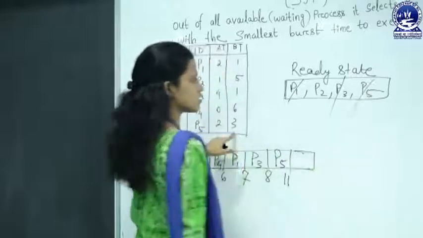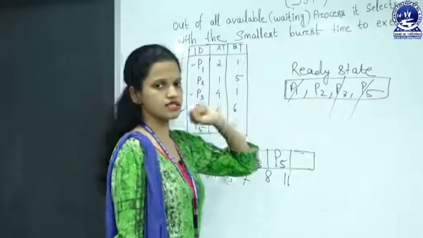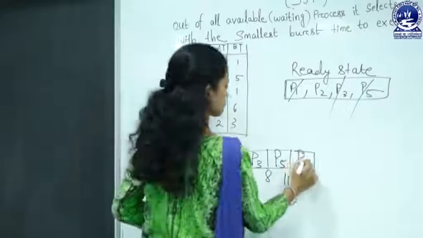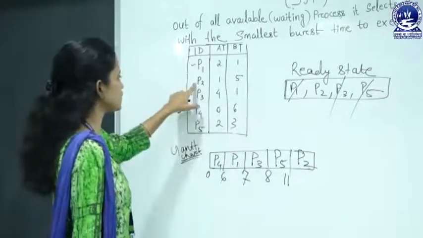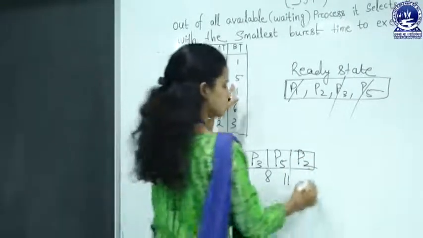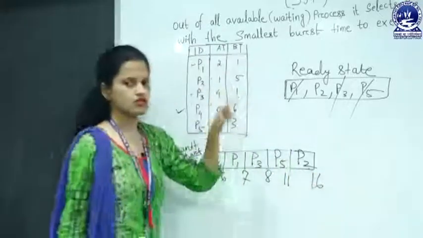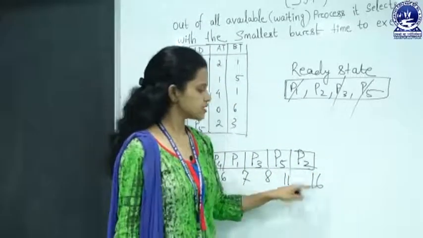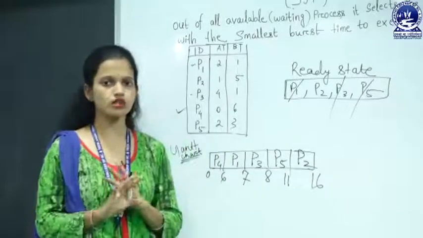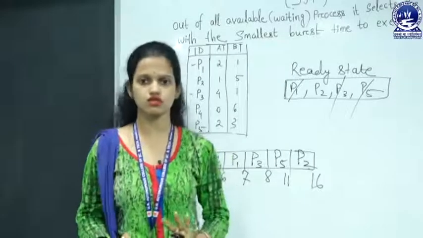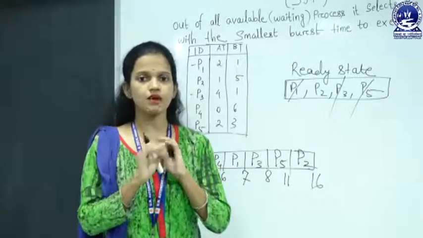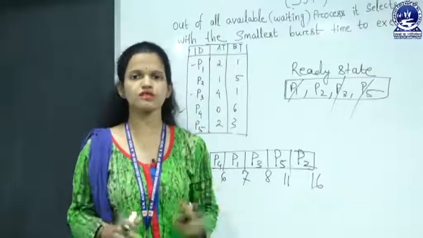So P5 has done. So the last one is P2. What is the burst time of P2? That is 5. So at 16 millisecond, the CPU has terminated all the processes. It completes its execution for all the processes.